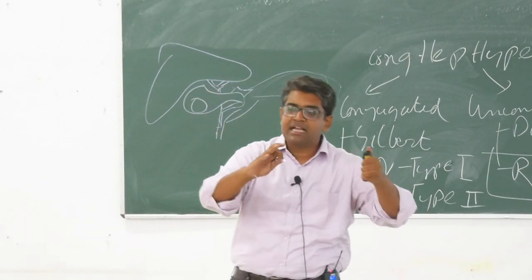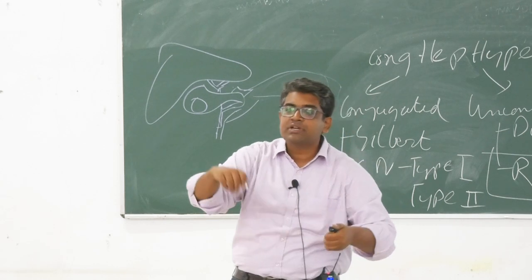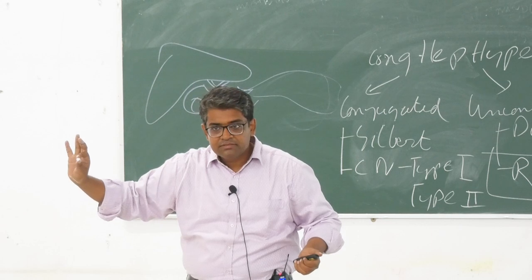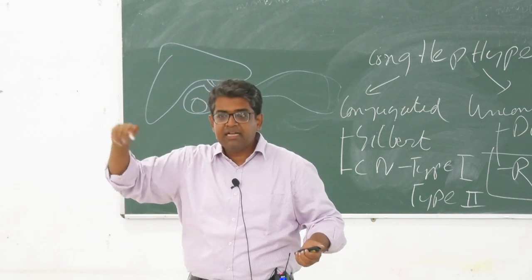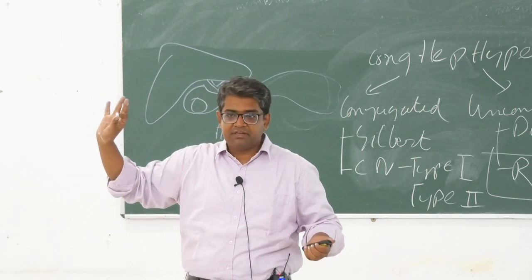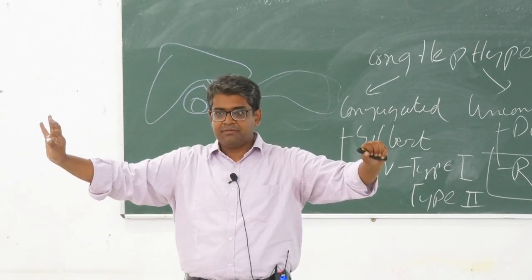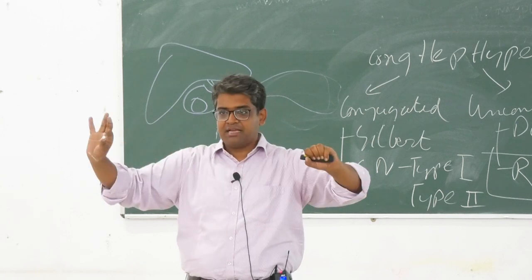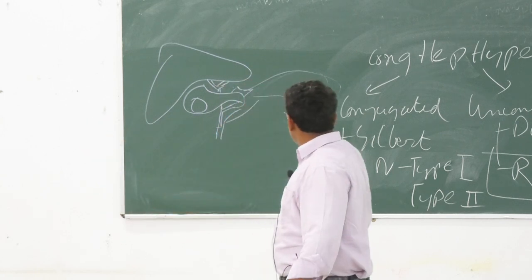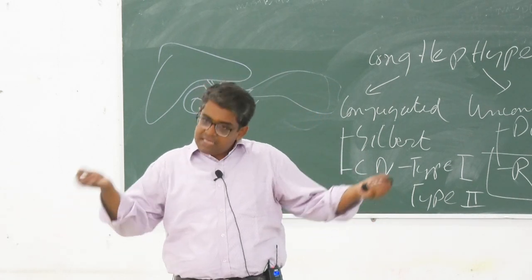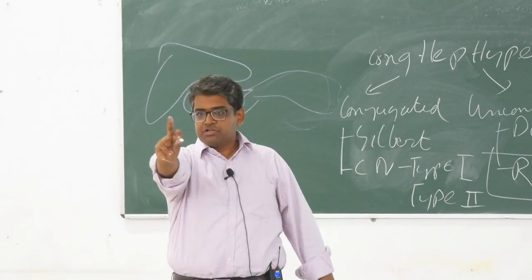The name of the gene is UGT1A1. Same gene, same enzyme. One disease is being called Gilbert, another is being called Crigler-Najjar. Right? Same gene, same enzyme. There should be one disease.